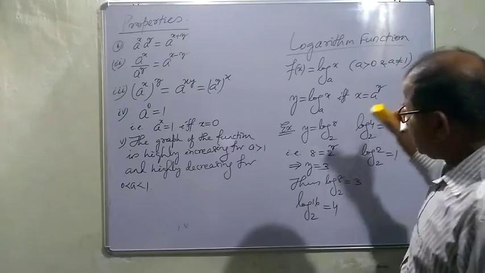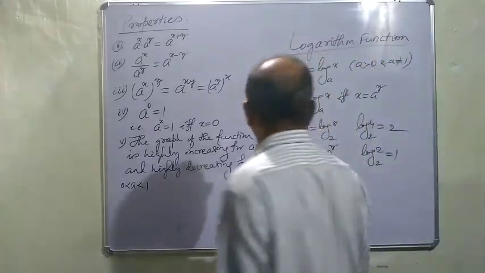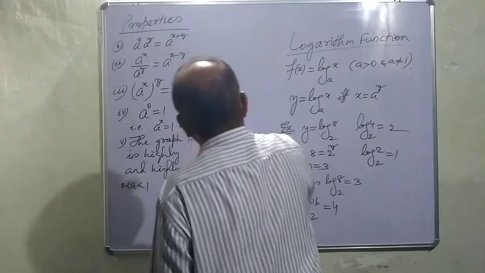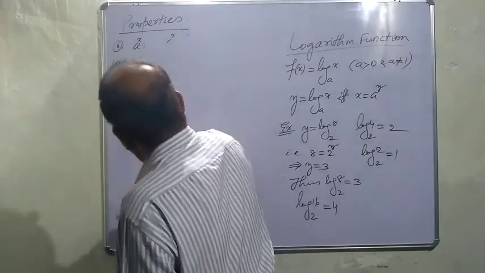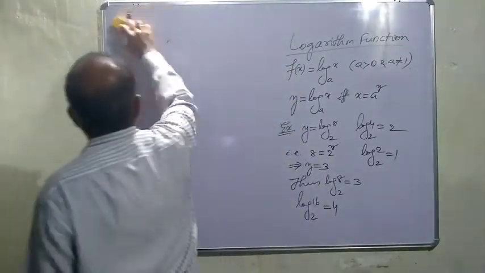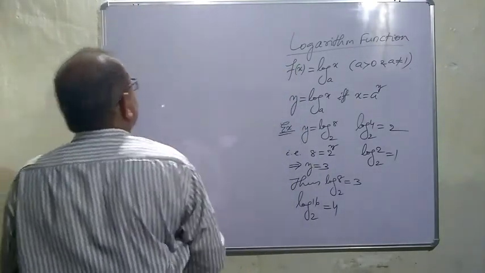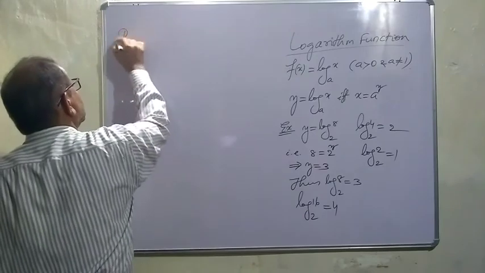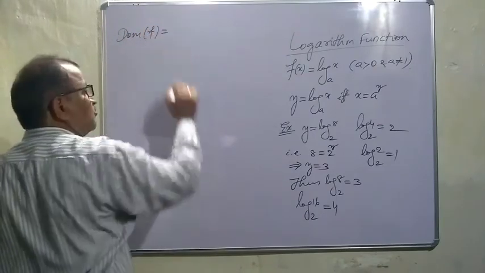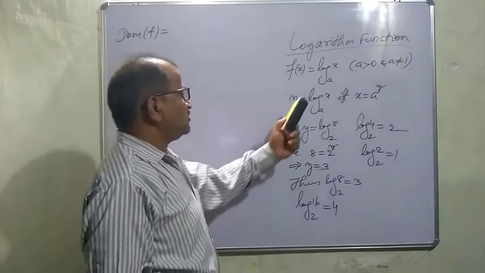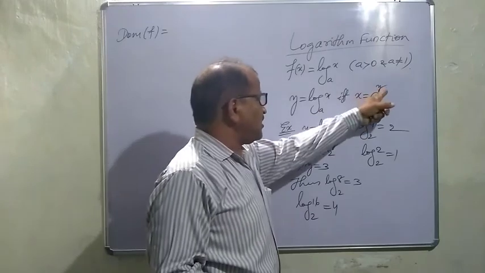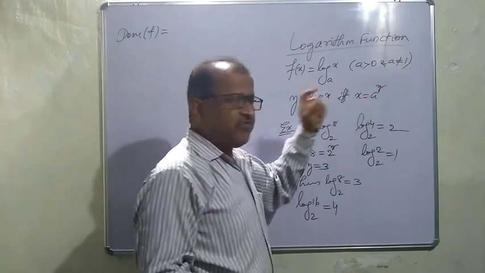So from this definition, it is clear what the domain of this function is. Domain of the logarithm function. If a to the power y is equal to x, then log x will be defined.